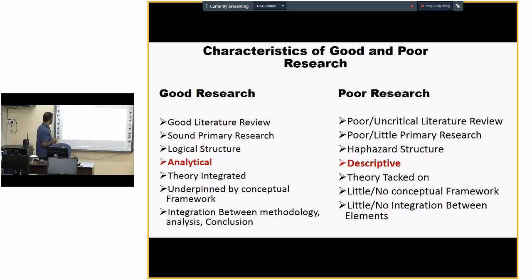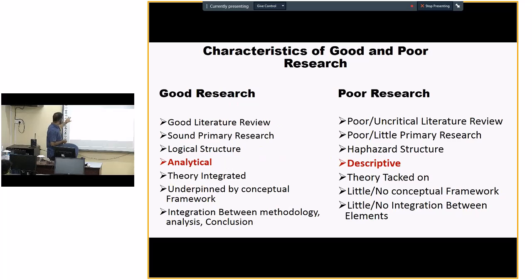If you think about good research, we can compare features of good research and poor research. A good literature review should be there. You already completed that part, but I need to remind you again because it is very important, right? Under the poor condition, there is a poor literature review, an unorganized or poor literature review.